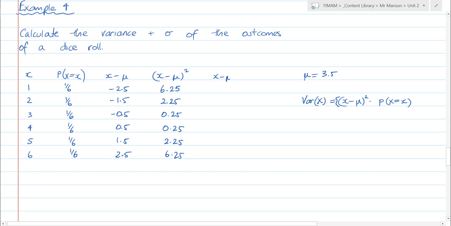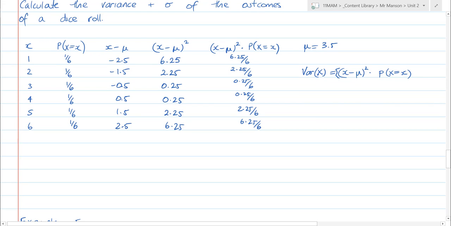So I get (x minus mu) squared times the probability that X equals x, so I've got 1/6 of that. I'm going to write it as a fraction for now, because I know that eventually I'm going to add them up: 6.25 over 6, 2.25 over 6, 0.25 over 6, 0.25 over 6, 2.25 over 6, and 6.25 over 6.